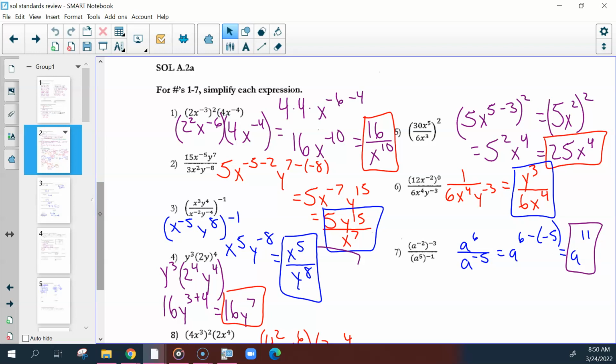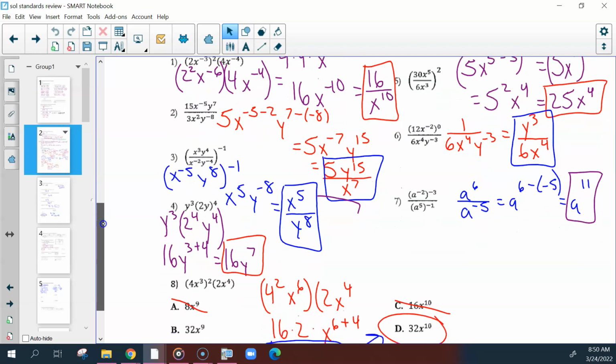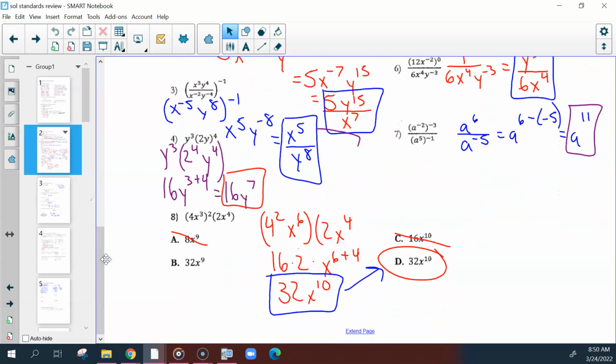And number 7, 8 to the 11th. Questions on any of those? Number 8 was D, 32x to the 10th. Questions on that one?